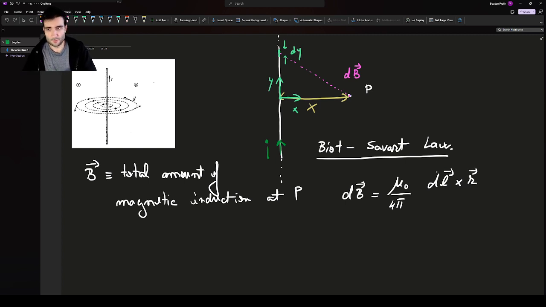Or I should say in this case, I'm not using L, but I'm using Y. So dy is a vector which has the magnitude of this piece of wire, and it has the same direction as the current. So in this case, it would be a vector with length dy pointing upwards. And r is the distance from this piece of wire to my point P, so it would be this vector.